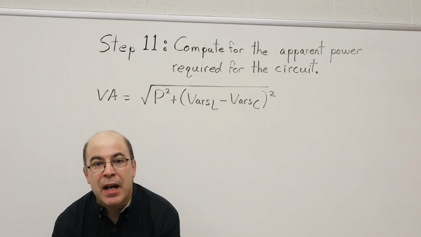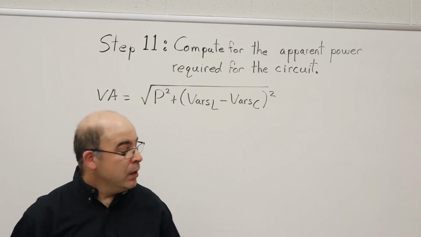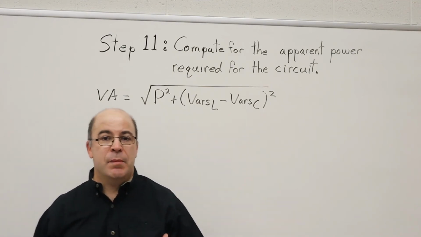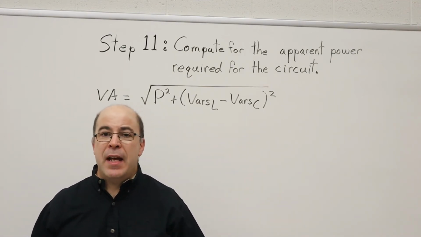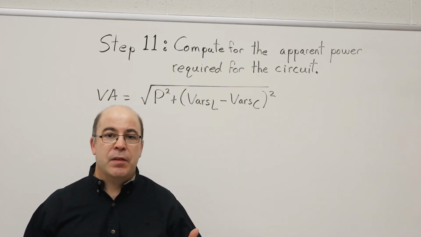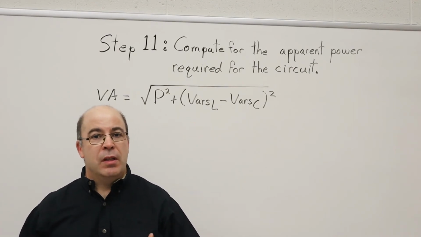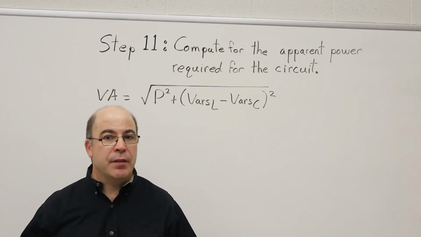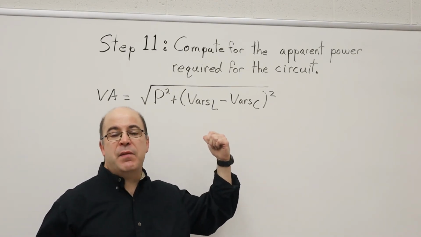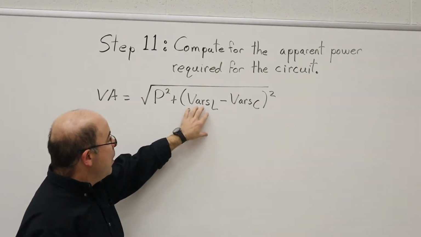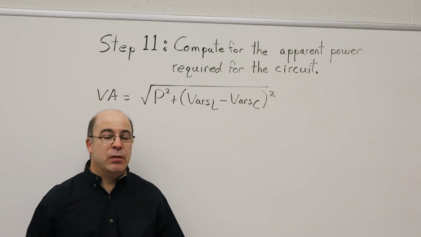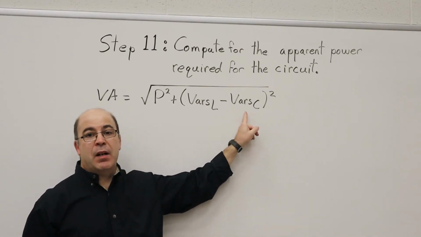Calculating the amount of apparent power that the circuit requires. This is a really interesting formula because it reflects a couple fundamental items. The fact that capacitors oppose a change of voltage and inductors oppose a change of current, and they basically negate one another. And that's reflected here in this formula. You'll see that the amount of power that an inductor absorbs is actually going to be given from a capacitor.